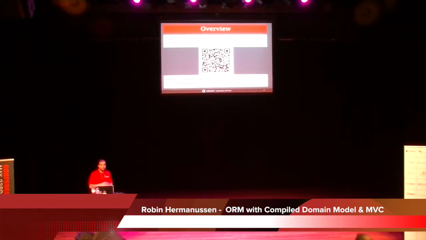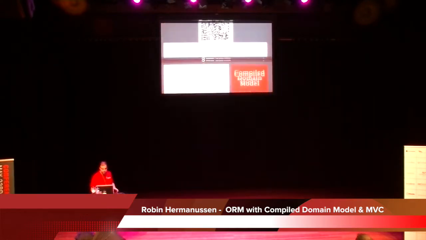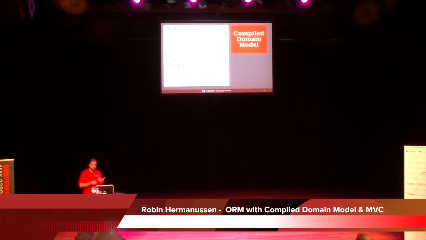There's a disadvantage to that, because unit testing is not something that I've taken into account when making Compile Domain Model. So that's a little bit of a thing if you need to do that really well. There are some ways around that, but you can't do it as nicely as you can with GlassMapper.